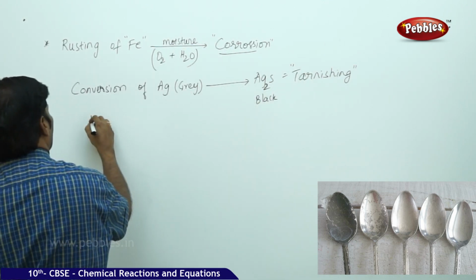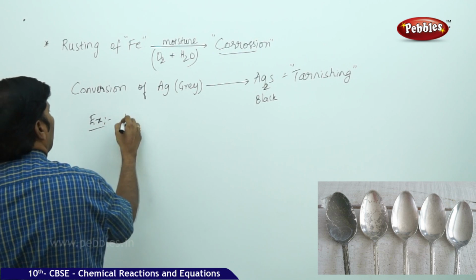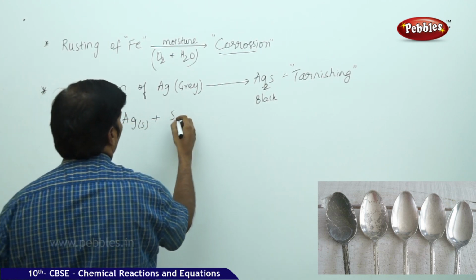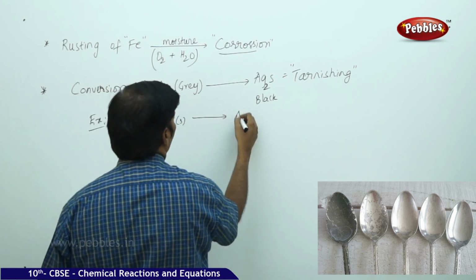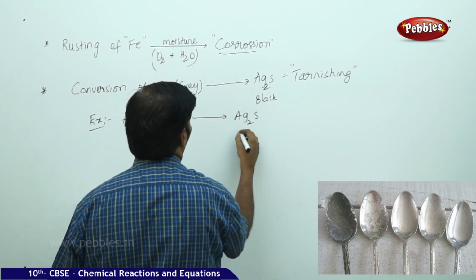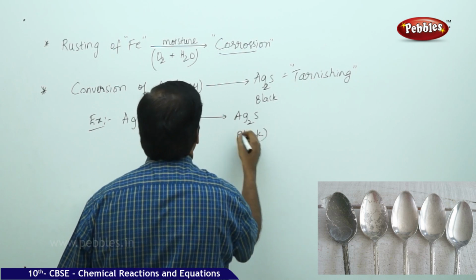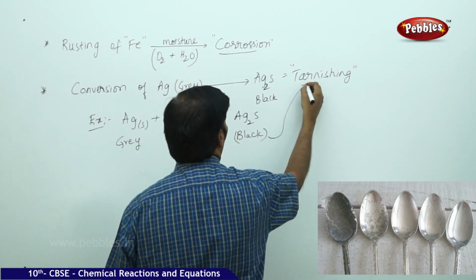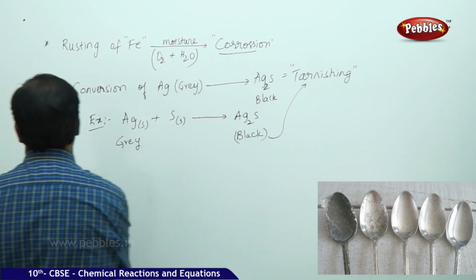In other words, silver, which is a solid, reacts with sulfur, again a solid, and becomes Ag2S, which is black. Once the silver, which is grey in color, converts to black color, it is called tarnishing.